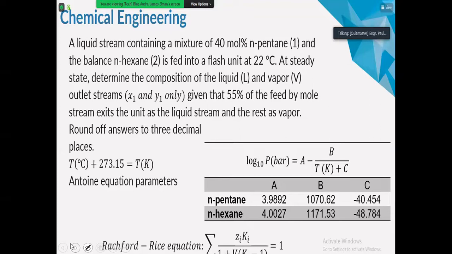Then we have the Antoine's equation parameters. And we have ang tawag pala dun sa Rachford-Rice equation. It's the same thing na dinerive natin.